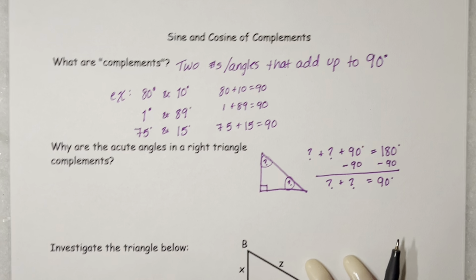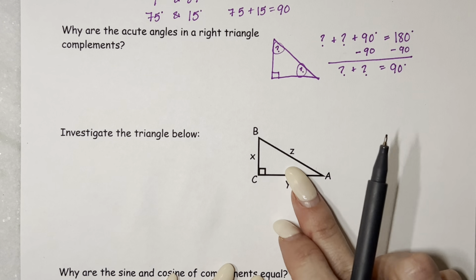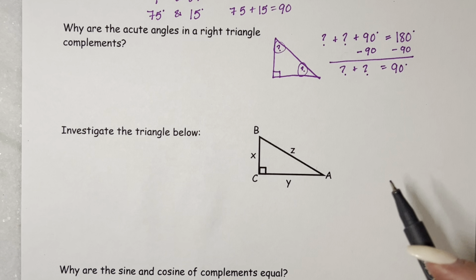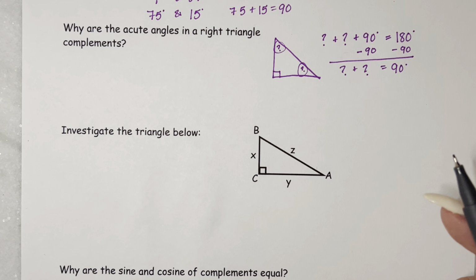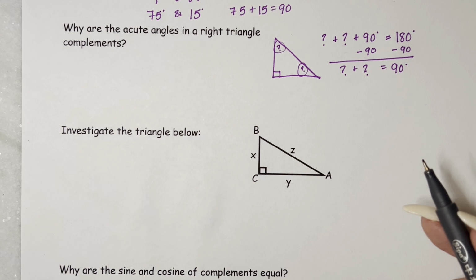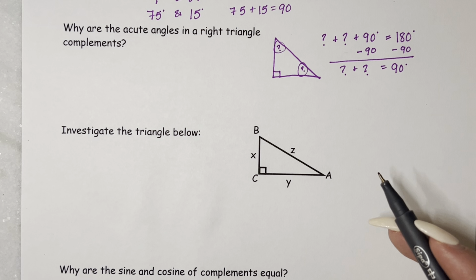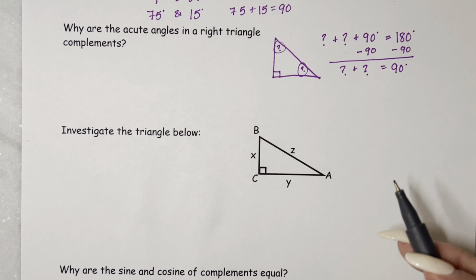Okay. So if I were to investigate this triangle that I have right here, the main thing that I want to talk about, especially because we're relating this to trigonometry, is the way we talk about opposite sides, adjacent sides, and the hypotenuse.